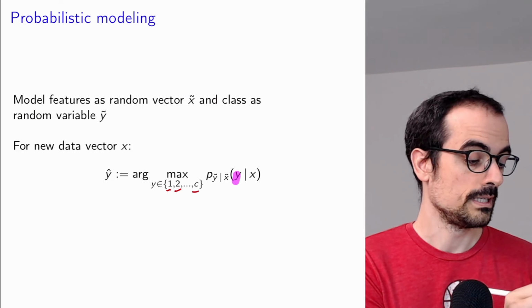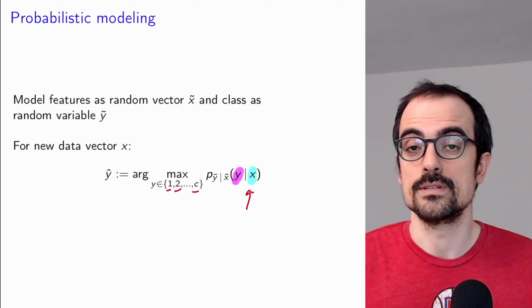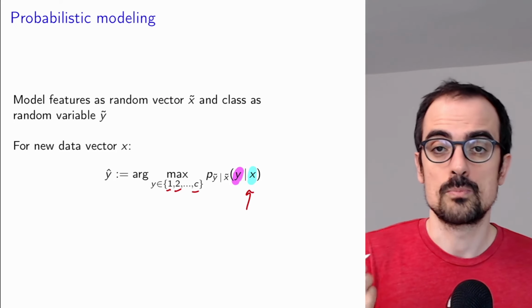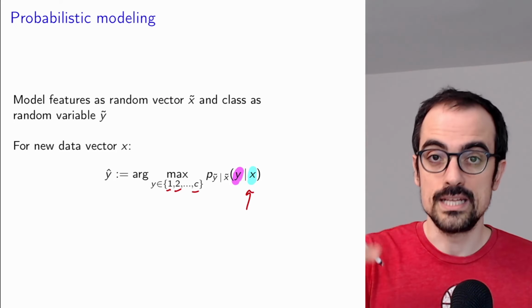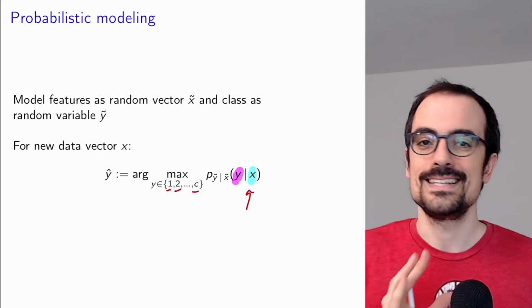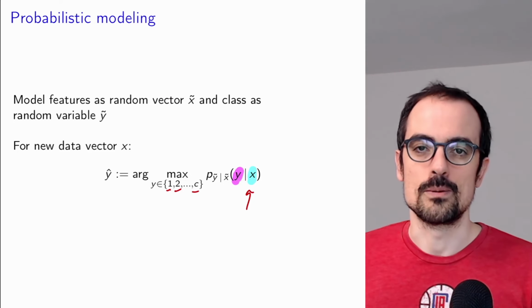Okay, so here you would plug in the observed value of the features. You would take a look at the conditional probability of each of the classes given those features, and you just choose the one that is the most likely. And this is optimal from the point of view of probability of error.